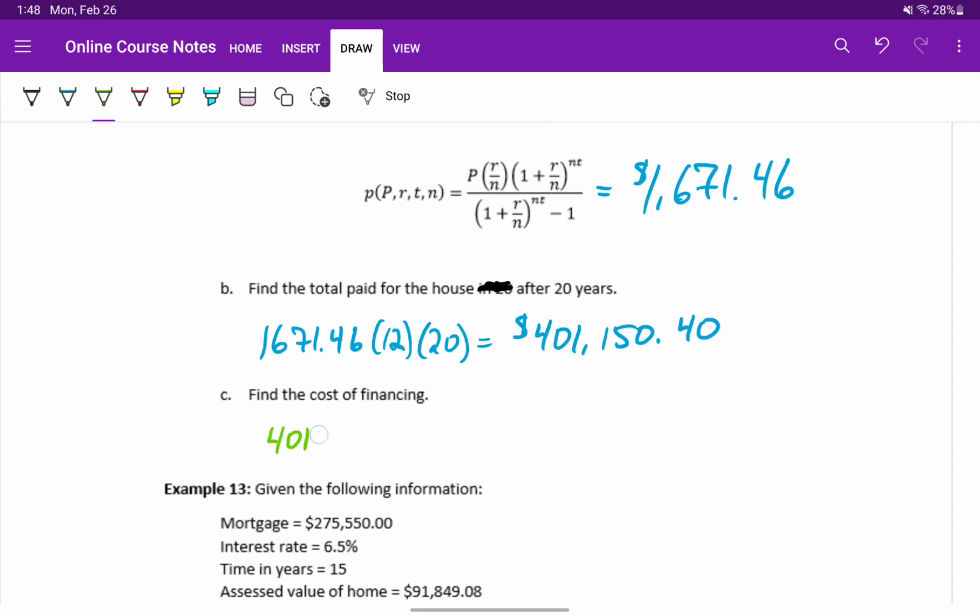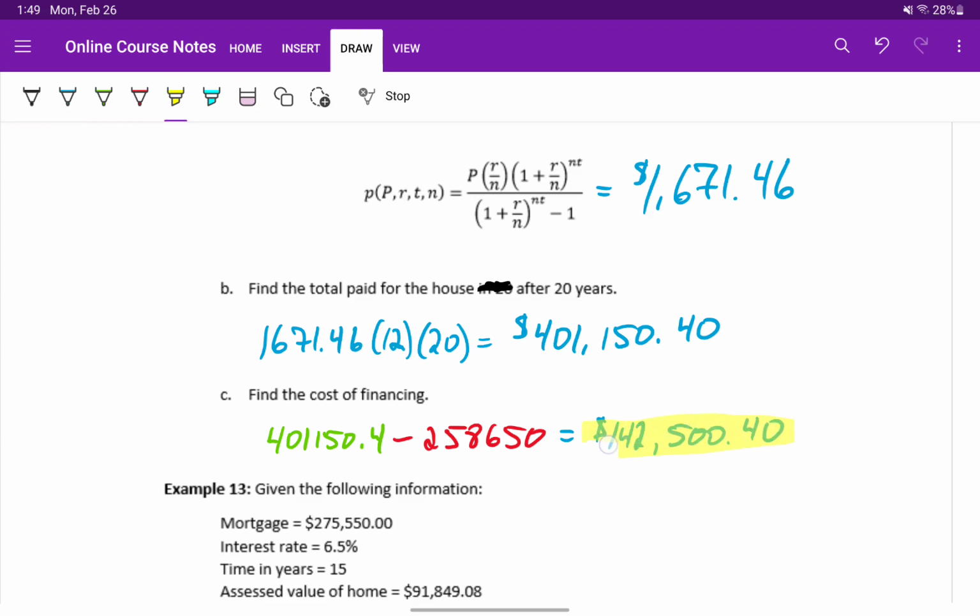That's that 401,150.4, and we subtract out the original balance of the loan, $258,650, which leaves us with $142,500.40, which means the cost of obtaining this loan and paying off our house was $142,500.40 over the original purchase price of the house.